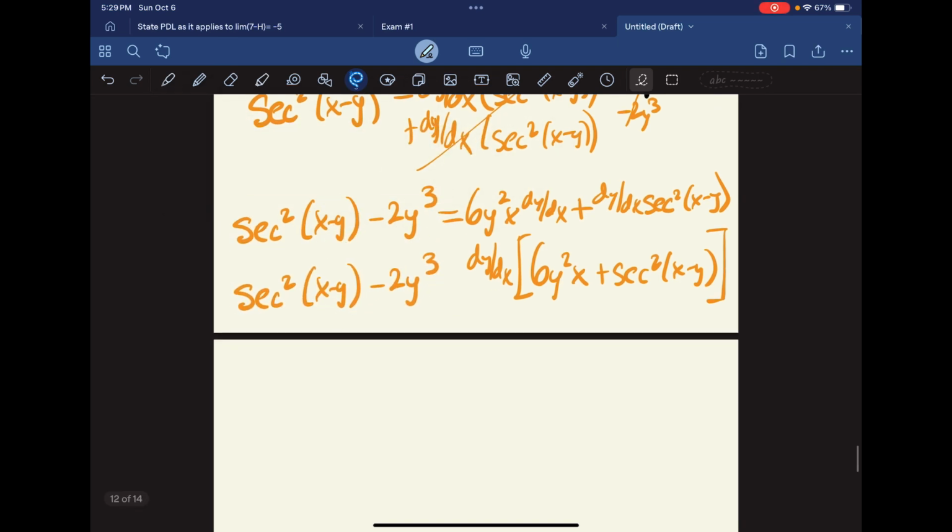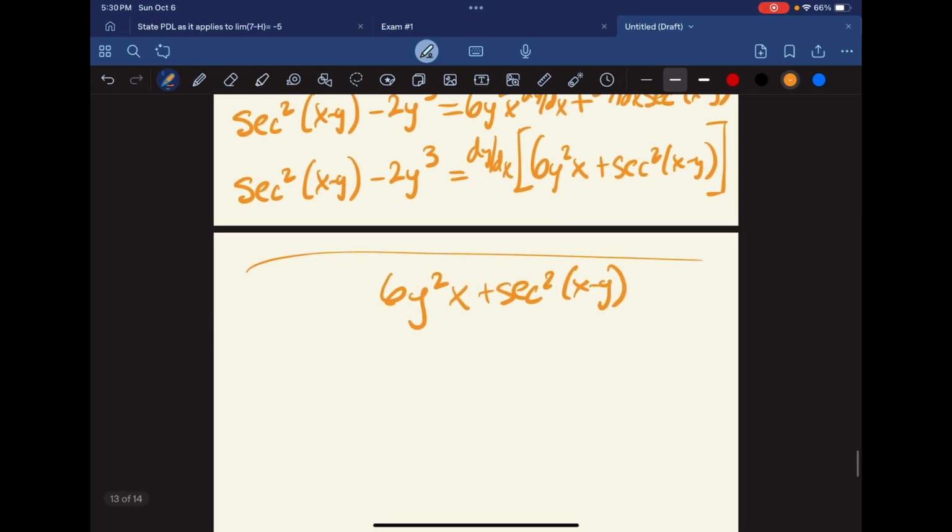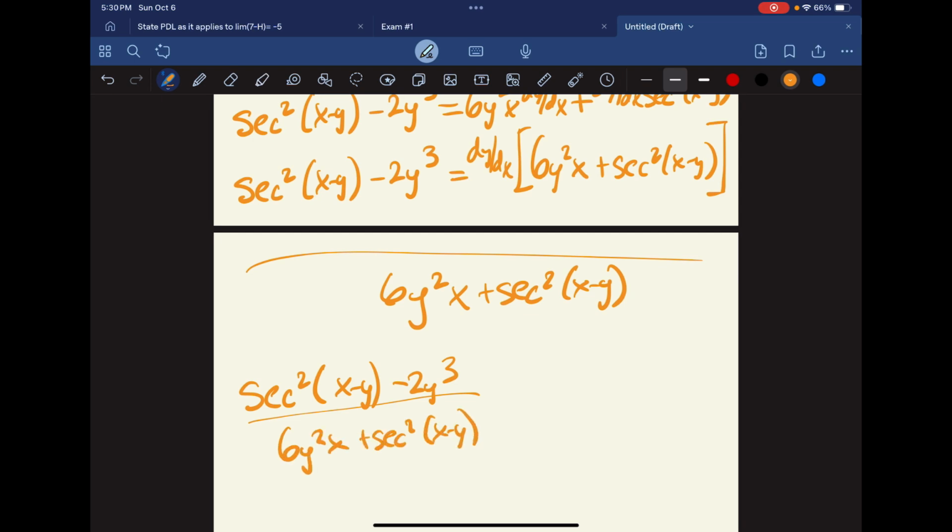Then we can divide both sides by the expression inside the brackets. So we are left with secant squared of x minus y minus 2y cubed, divided by 6y squared x plus secant squared of x minus y, equals dy/dx. That would be our final answer for this problem.